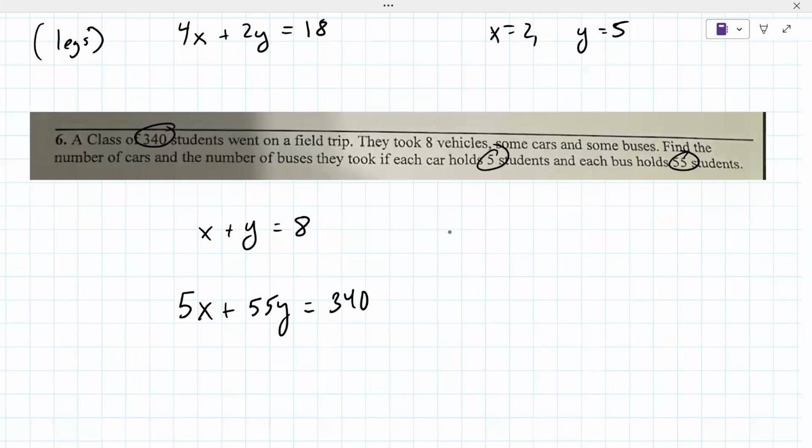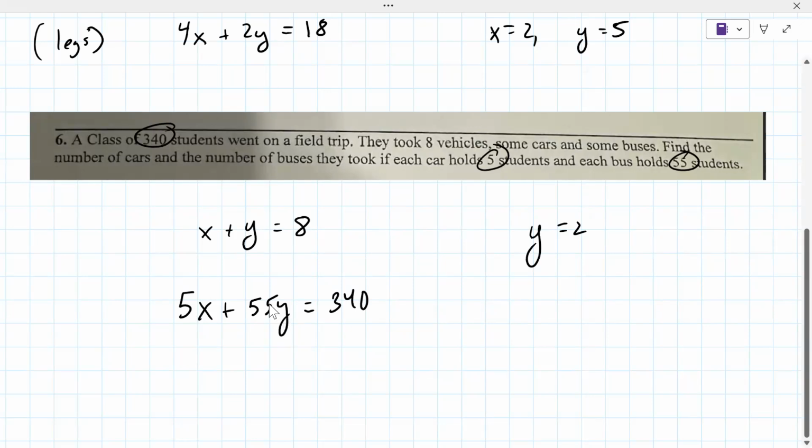So I think you've got a small problem there. You said y is 2? Yeah, there's 2 buses and 6 cars. Now maybe we have our numbers, maybe you meant 55. I'm not sure, but the way I've written it, do you have it written this way, x plus y equals 8, and then 5 in front of the x and 55 in front of the y?